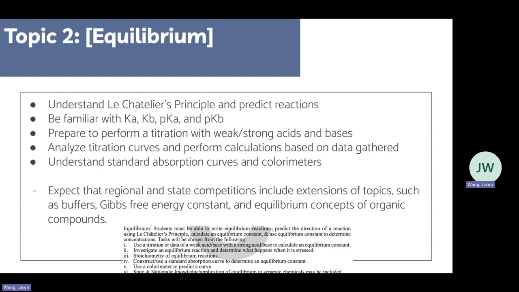Same as GSU when they got regionals, you might perform something other than a titration. But with these high school labs, if they even have a laboratory portion, then you will most likely perform some sort of titration, because again, it's really easy to do and it doesn't require many resources.